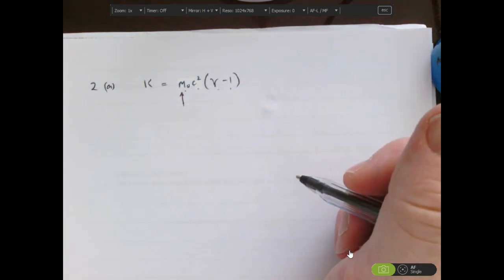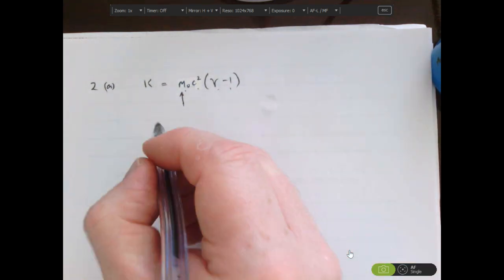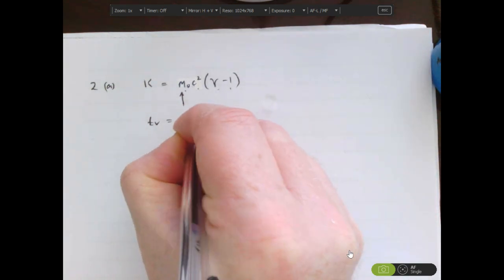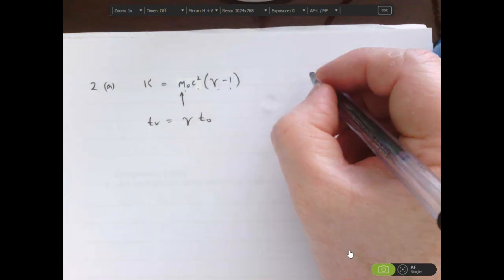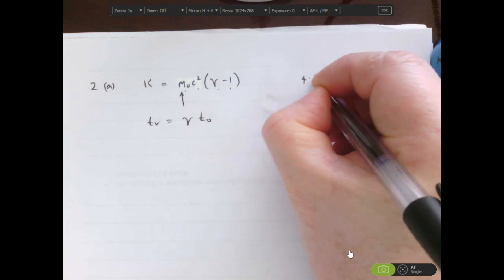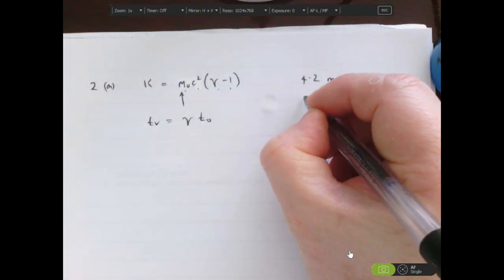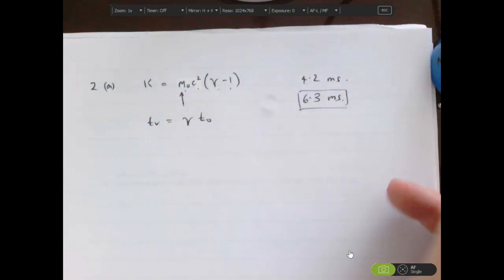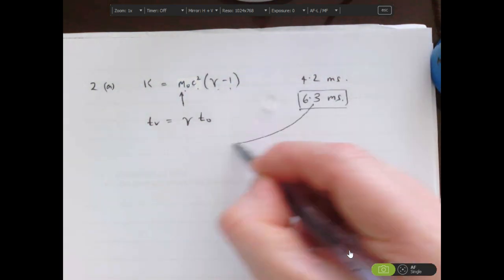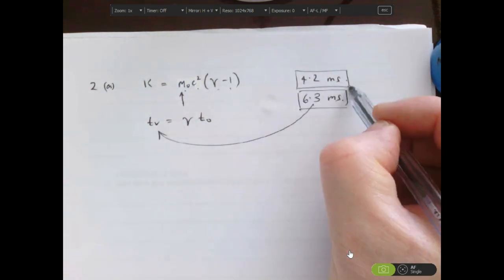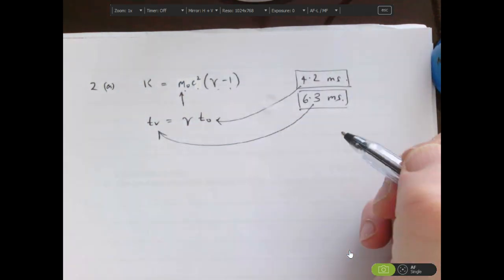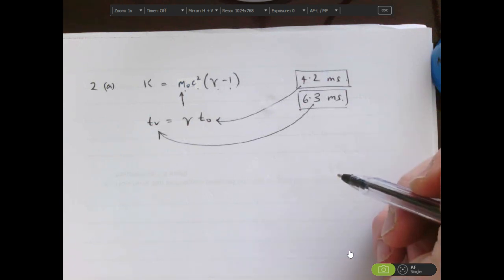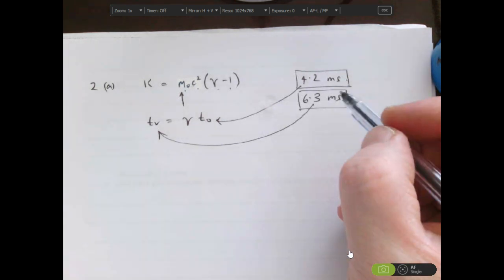So is there a way of getting gamma here? Well, this is a time dilation problem, so t equals gamma t naught, and the two decay times are 4.2 milliseconds and 6.3 milliseconds. The longer one must be the dilated time, and the shorter one would be the time if it was stationary, which is the value in the question.